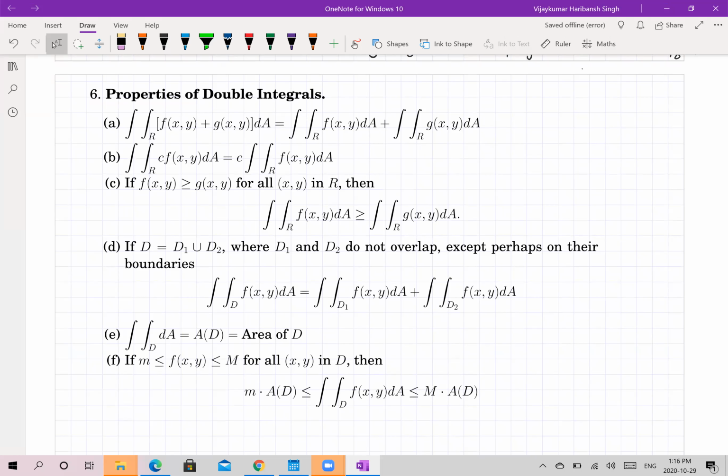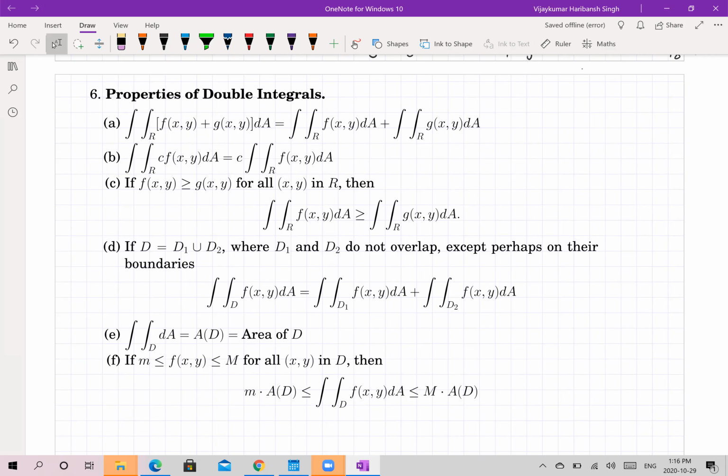So now let's look at a few properties of the double integral. Namely, if you take the integral of f of xy plus g of xy dA, then this is the same as taking the integral of f of xy dA plus the integral of g of xy dA. So you can break the sum: if you want to compute the integral of a sum of two functions, you can compute them separately.